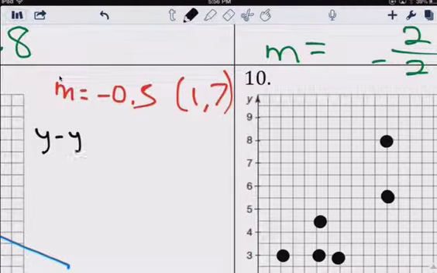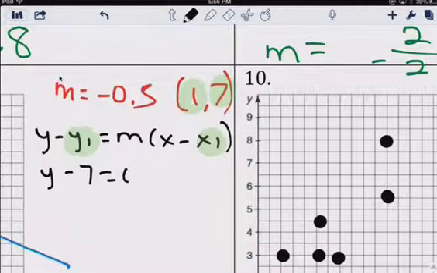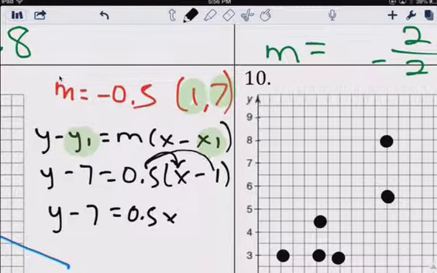Y minus y1 equals m parentheses x minus x1. Y minus 7. 7 is y1, and x1 is 1, equals negative 0.5 times x minus 1 here. So y minus 7 equals negative 0.5 times x minus negative 0.5.